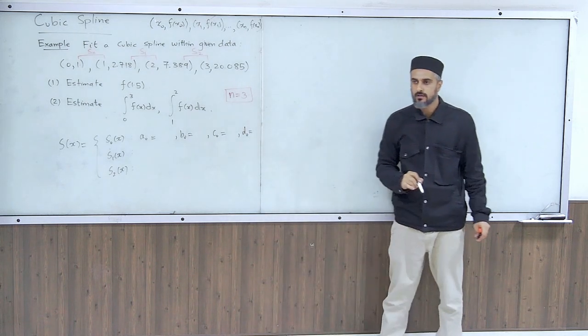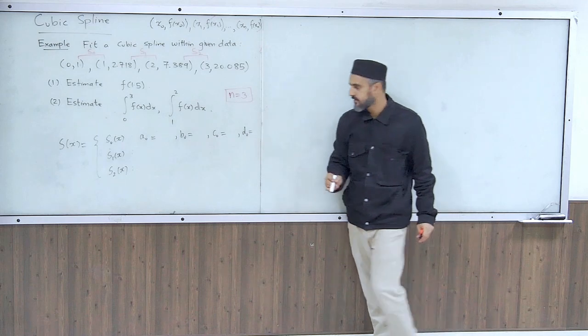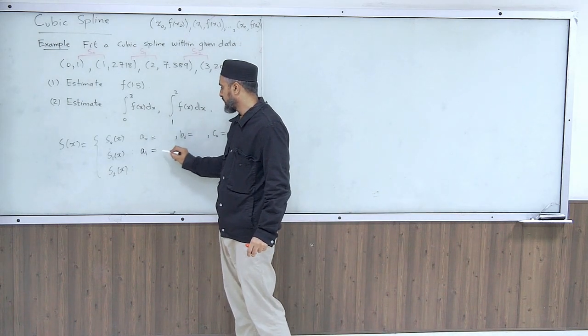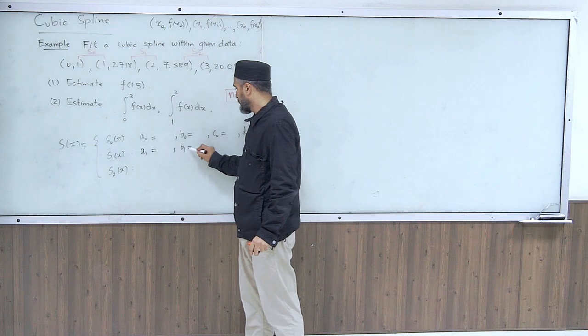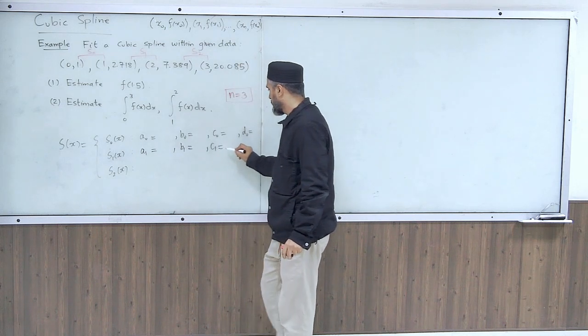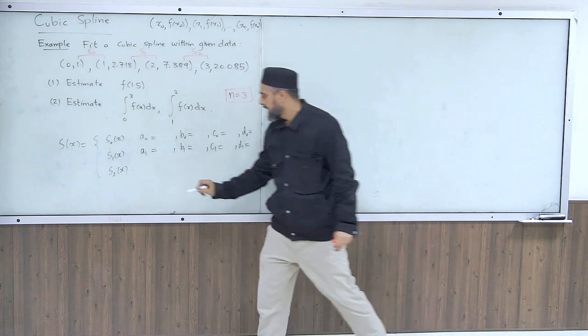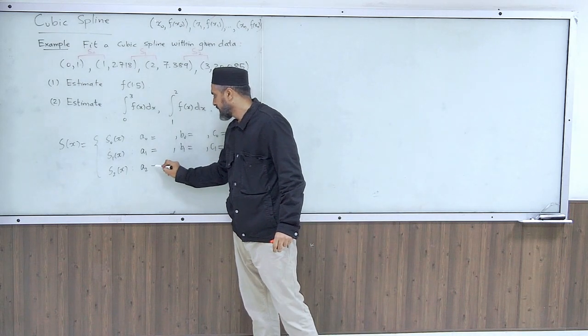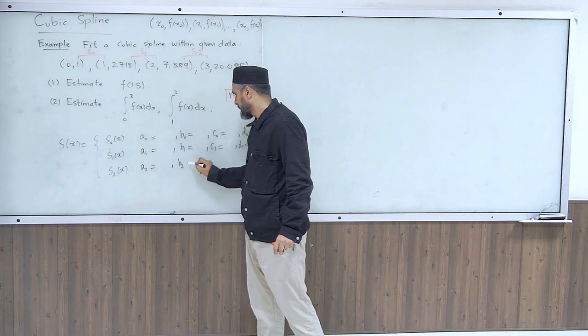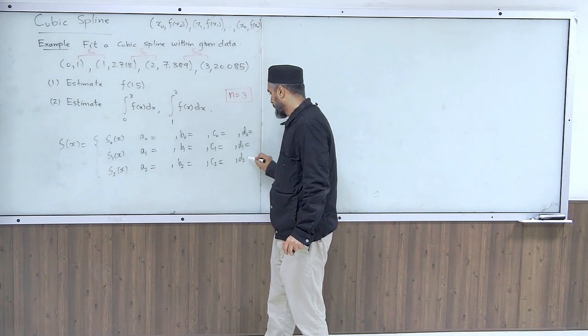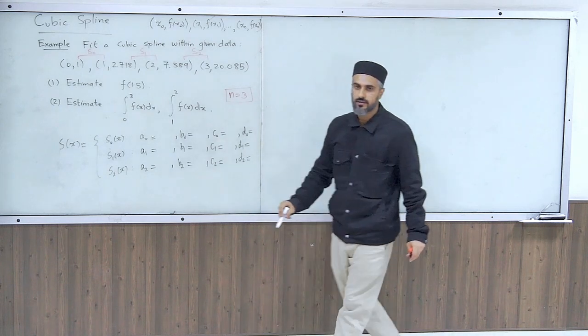These are the unknowns I need to find to have the value of S0. Similarly, to find S1, I need A1, B1, C1, and D1, and finally S2. These are the unknowns I need to find.